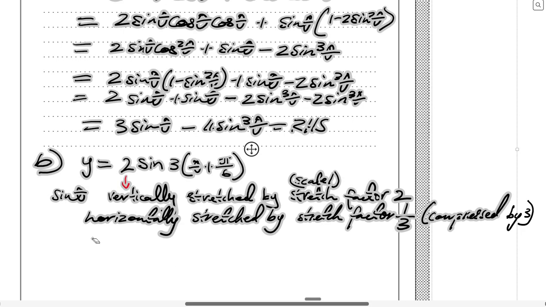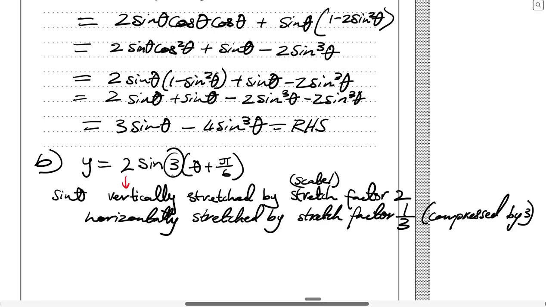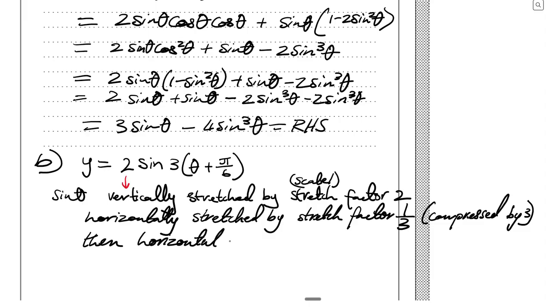And so whenever we're talking about the x, we do the opposite. So it's 1/3. And then we're doing the horizontal shift within the angle so that it applies to all angles. So then horizontal shift to the left by pi over 6.